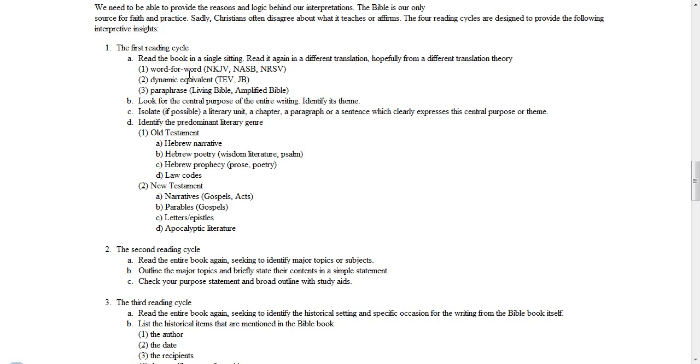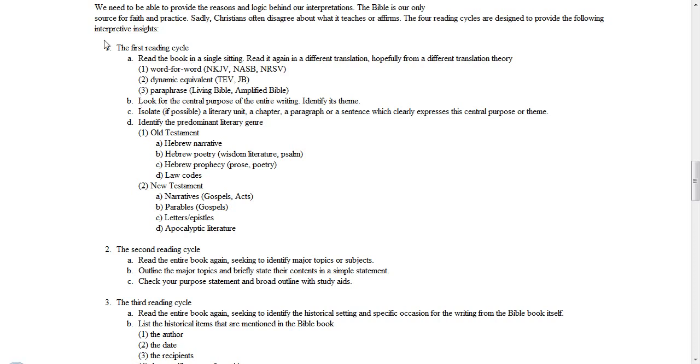NIV is another dynamic equivalent. Taking a look at a paraphrase Bible is also helpful. Pretty much what I do is I first read it in the word for word, which is King James or New King James, and then I'll read it in the dynamic equivalent, like the NIV, the TEV, the NLT, something like that.